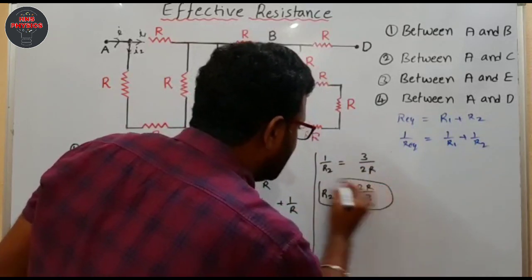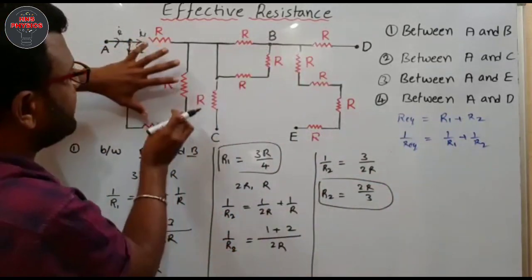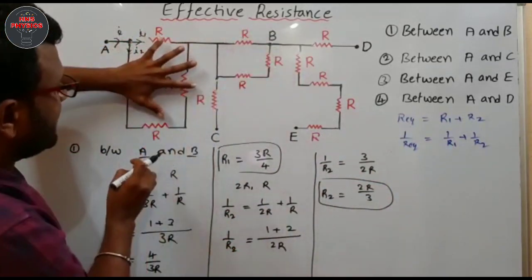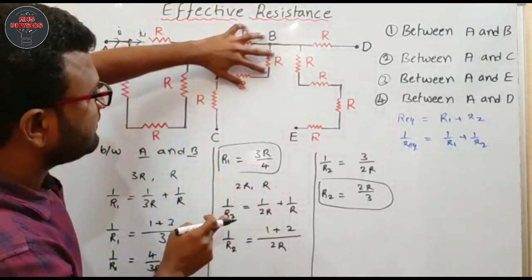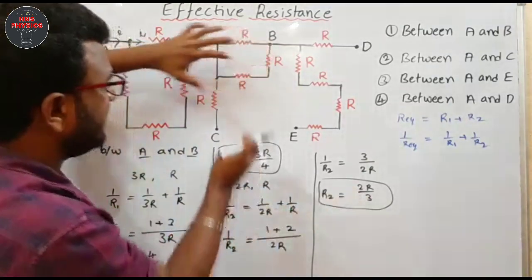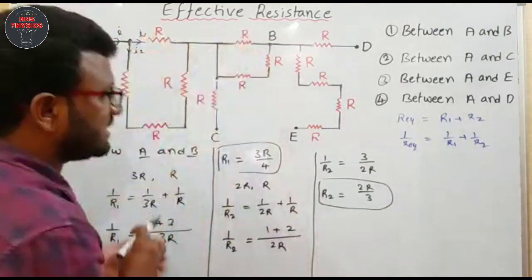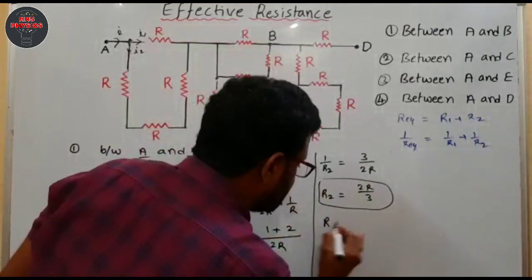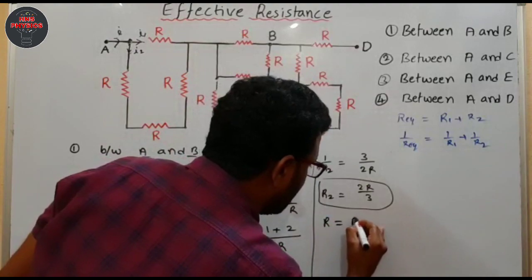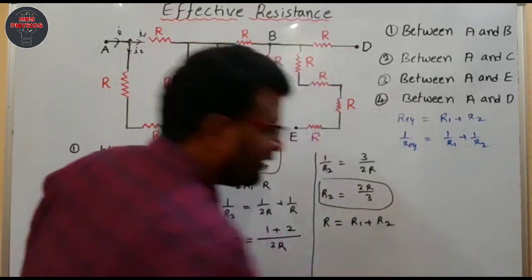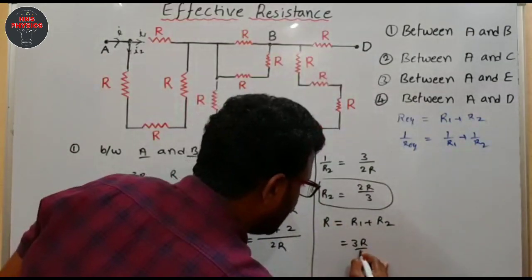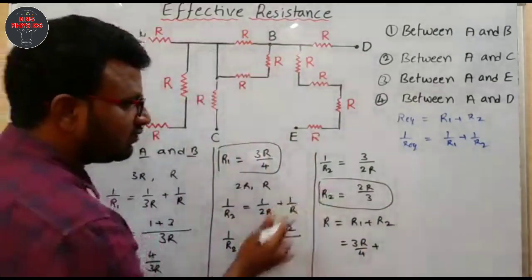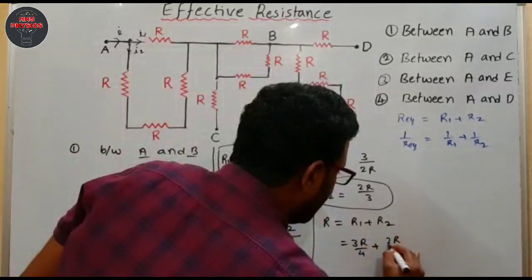Now we have to see the total effective resistance between A and B. We know R1 equals 3R by 4, and this effective resistance is 2R by 3. These two effective resistances are connected in series, so R equivalent equals R1 plus R2, which is 3R by 4 plus 2R by 3.